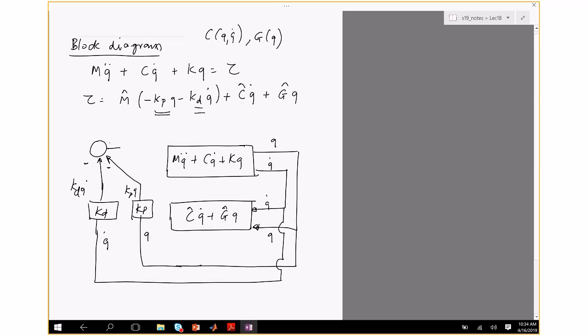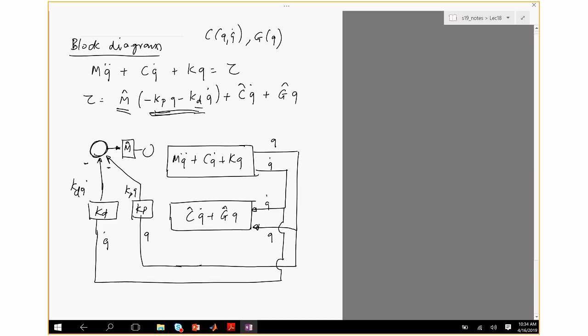What comes out of here is basically this term after it is summed, and then I have to multiply that with the m hat term. So m hat would appear here. Okay, and then I need to sum this also.